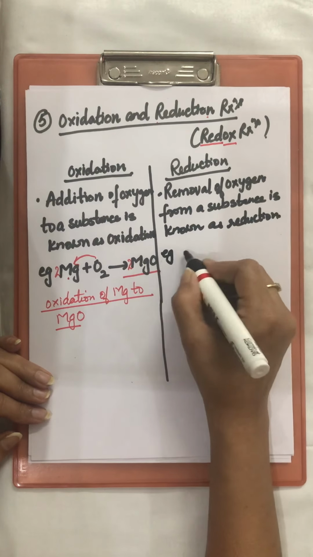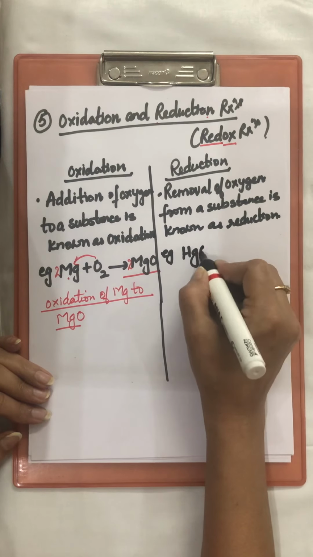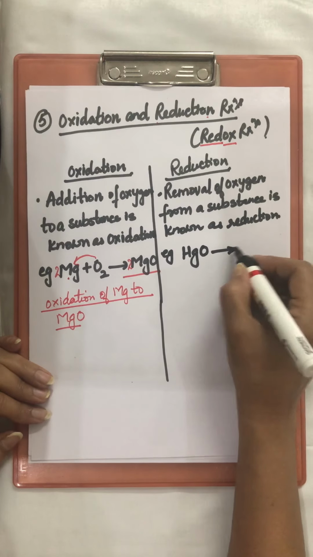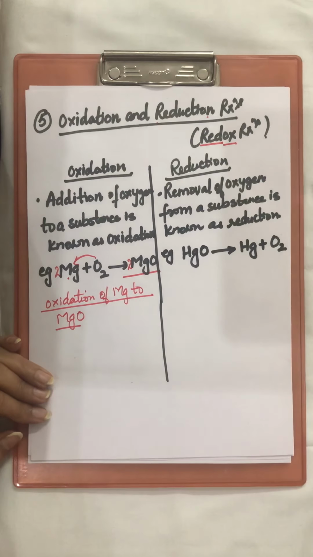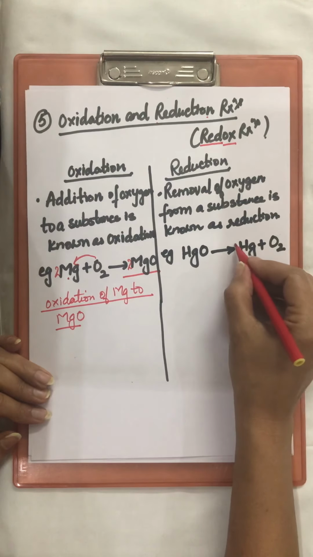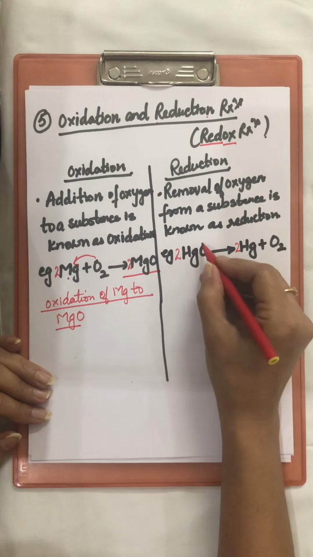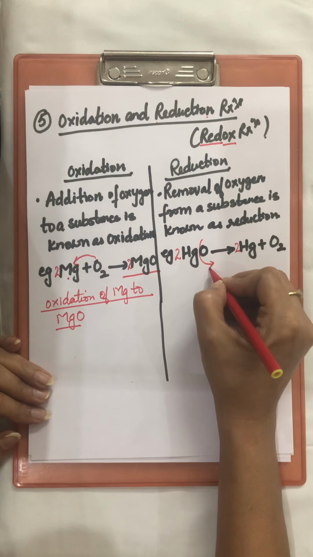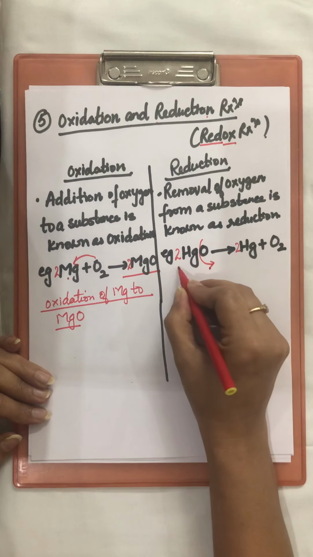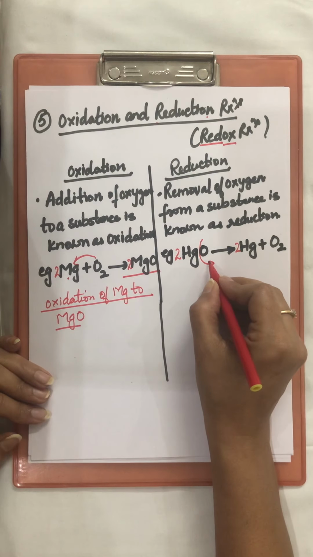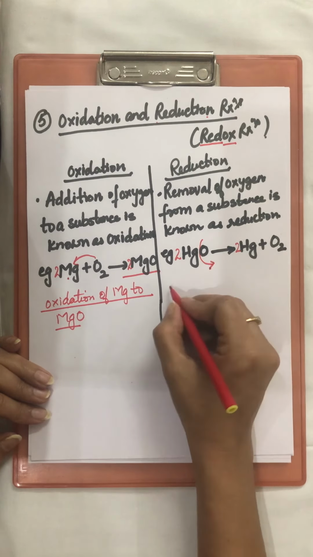Example, mercury oxide, when we heat it, it changes to mercury and oxygen gas comes out. So in this reaction, from mercury oxide, oxygen comes out. If oxygen comes out from this, that means mercury oxide has undergone a reduction reaction.